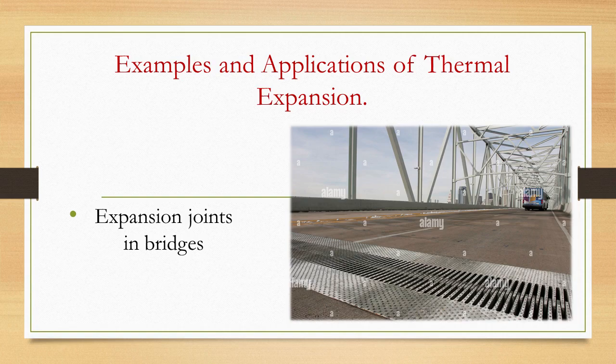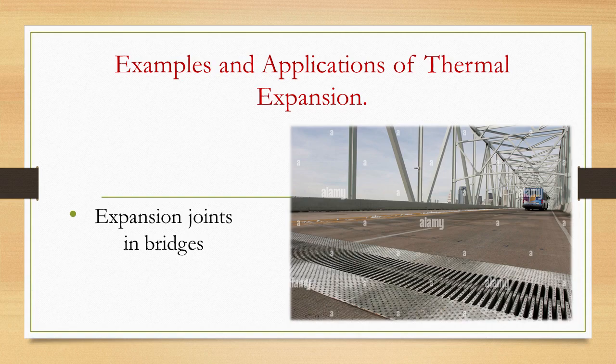Like in bridges, you might have seen that there are joints. They are not completely fixed, right? Now during the summer season, the joints expand, which keeps the bridge straight without bending.